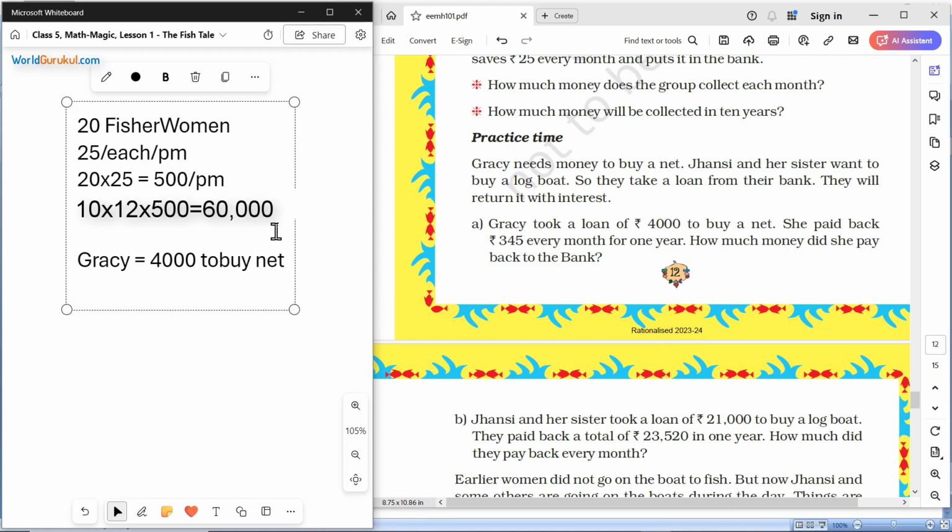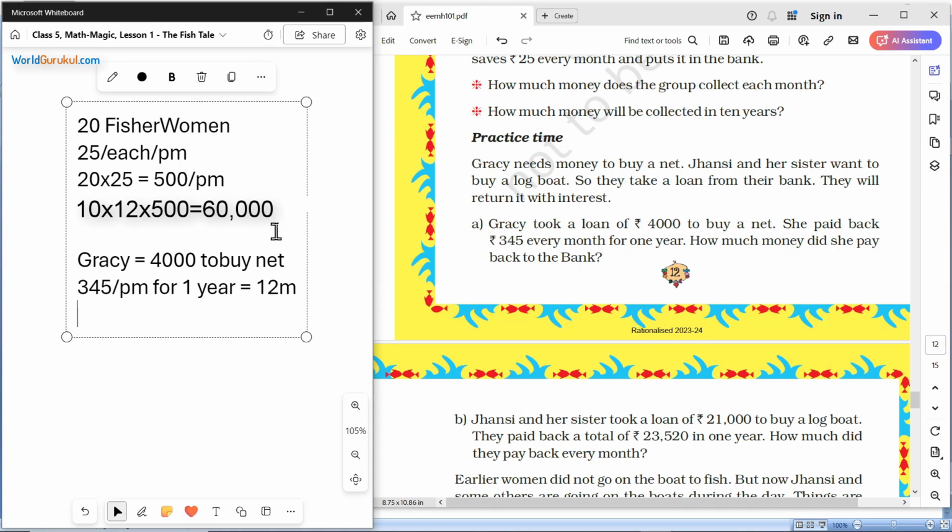And she pays 345 per month for 1 year. Means that's 12 months, right? How much money did she pay back? Can you tell? It's 12 multiplied by 345. It is 4140, right?